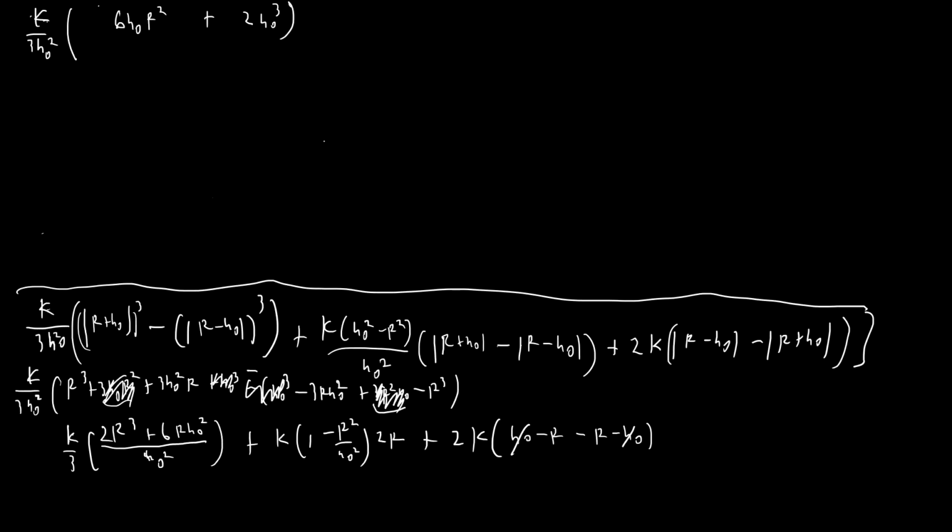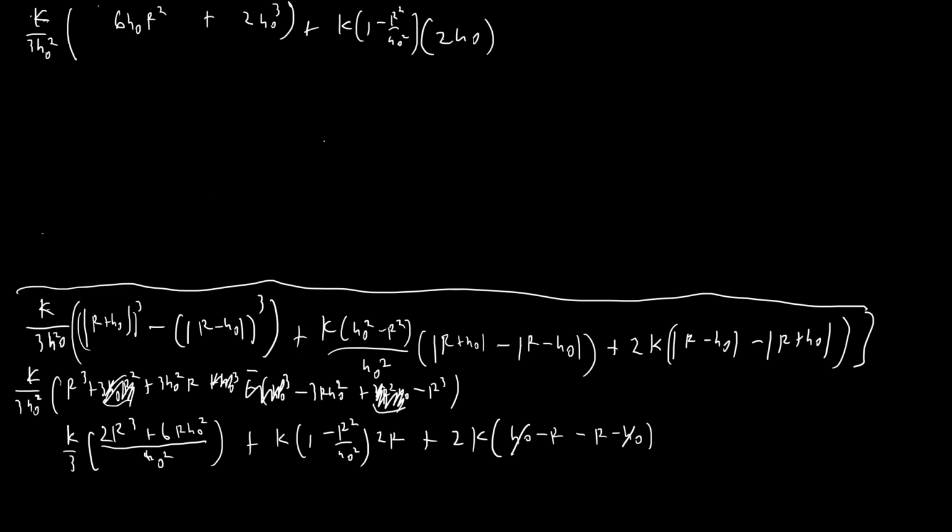Now for the next term, we're going to have plus k times 1 minus R squared over h0 squared. And it's just going to be R plus h0 minus R minus h0. And so those R's are going to cancel, and we're just going to end up with 2h0, I think, right? Does that make sense?